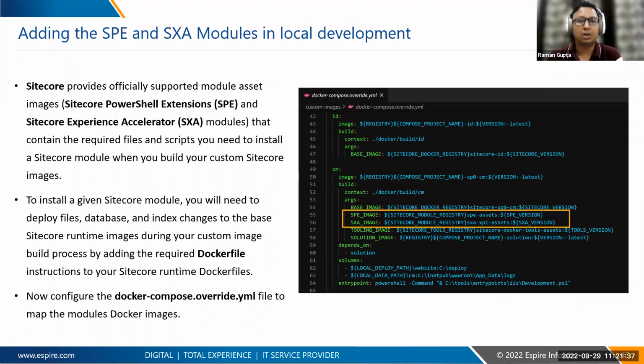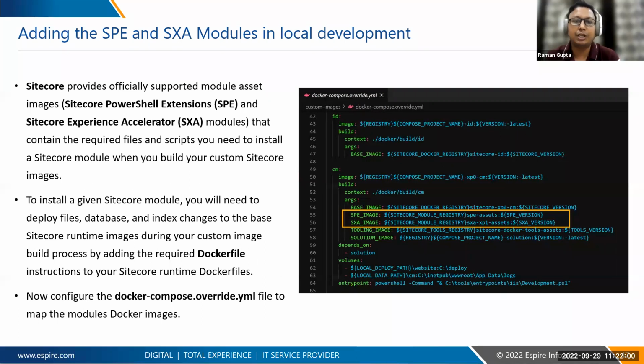Okay. Sitecore provides officially supported images for all these modules that contain the required files and scripts that you'll need to install the Sitecore module when you build the Sitecore custom image. Similar to the solution, these asset images are intended as a source during build, and they are not used as a runtime image.